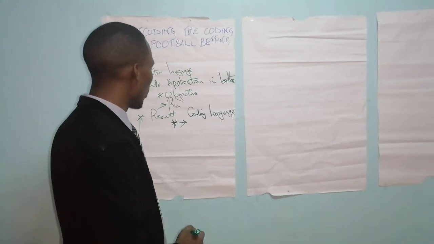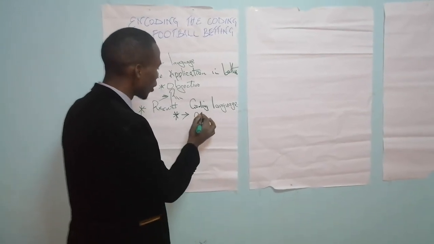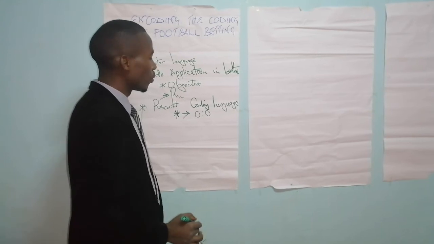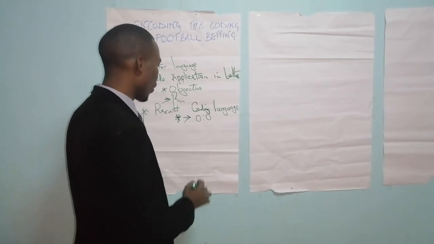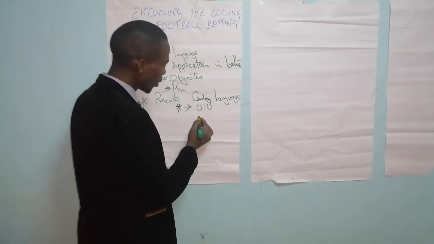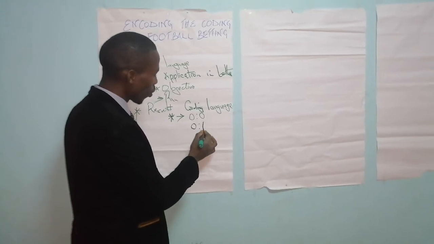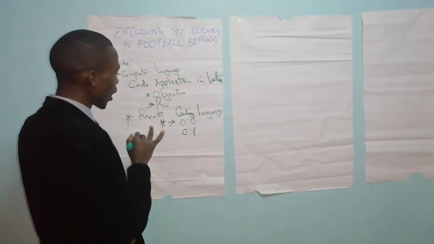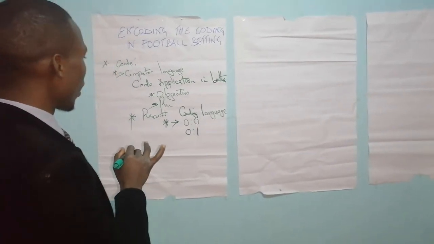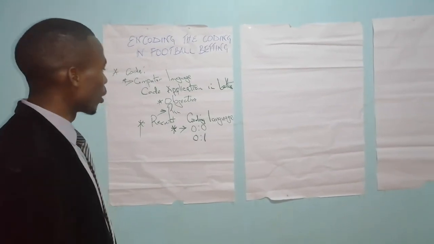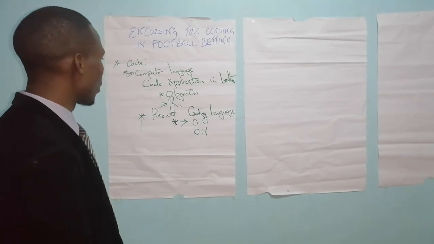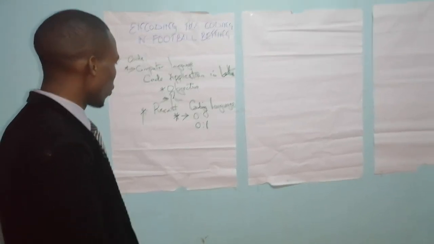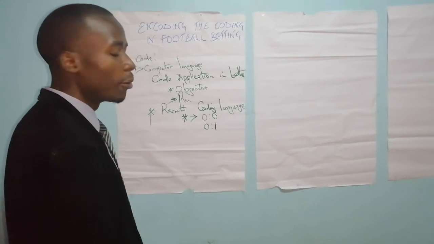One of the results is 0-0. The second result is 0-1. These are the two main results in any sporting activity, be it football, basketball, rugby, name it.